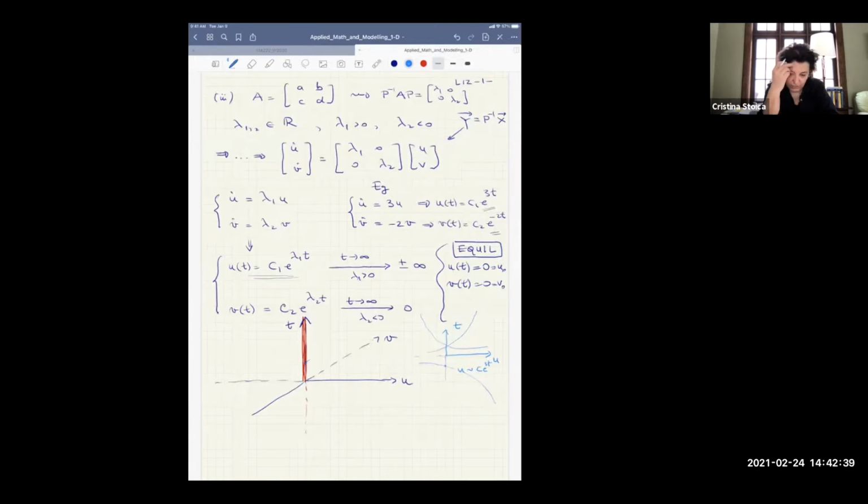What am I doing? It's backwards. That's why I hesitate here. Oh, silly me. Okay, so how do we do t and u? u is C e at 3t, so now it's going like this. Now it's good.